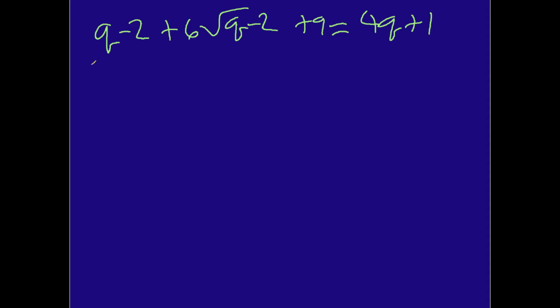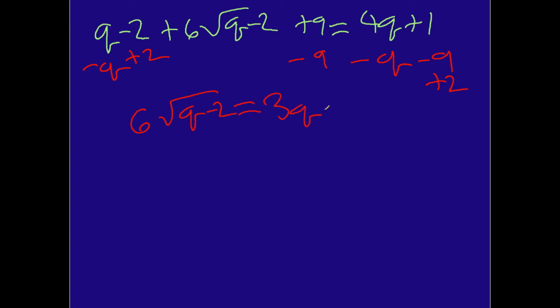So I can, for example, take away q from both sides, minus q, and then I can take away 9 from both sides, minus 9. And I can also add 2 to both sides. This is where it gets crazy. So having done that, I'm left with 6 times the square root of q minus 2 equals 3q minus 6.